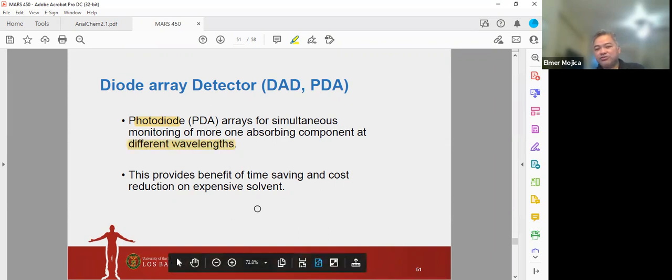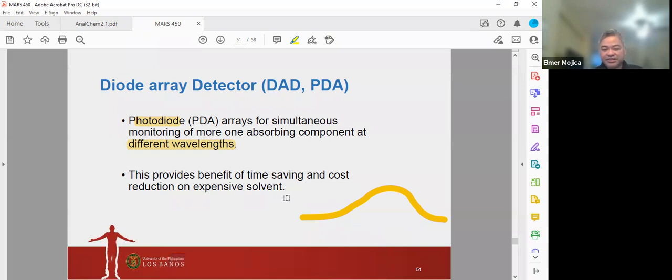Because if you have a UV absorbance detector, you target a certain wavelength through the monochromator. But if you have a diode array, it can monitor different wavelengths at the same time. So this provides many benefits of time saving and cost reduction on expensive solvent.